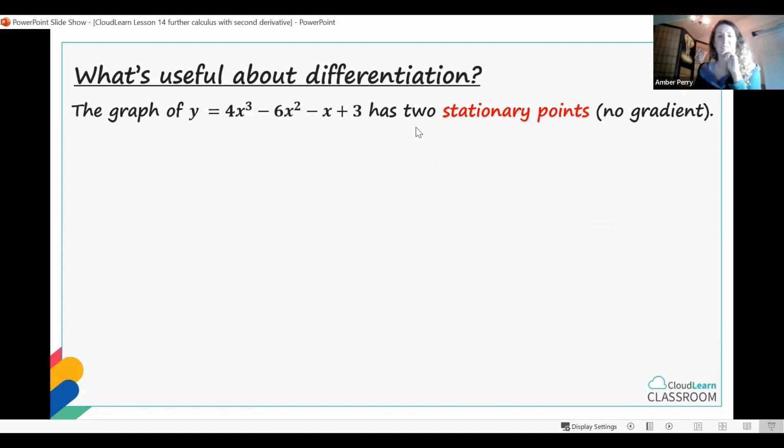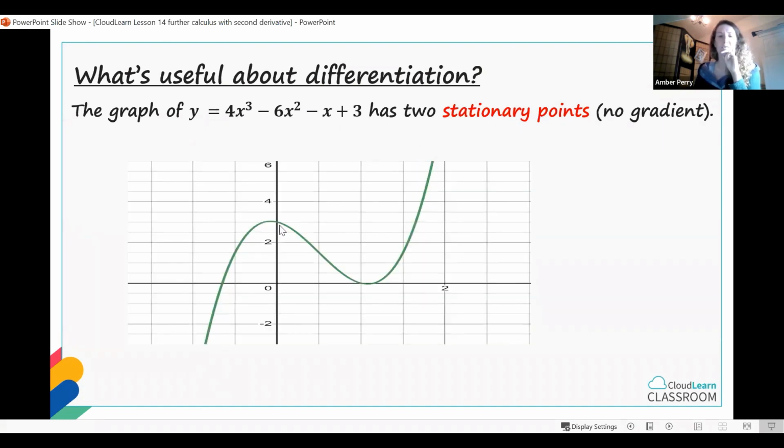And the same graph has 2 stationary points. These turning points are the most important part of the graph. They're the most useful part. They're where it has 0 gradient. So their gradient is 0 at that particular point there and at that particular point there.